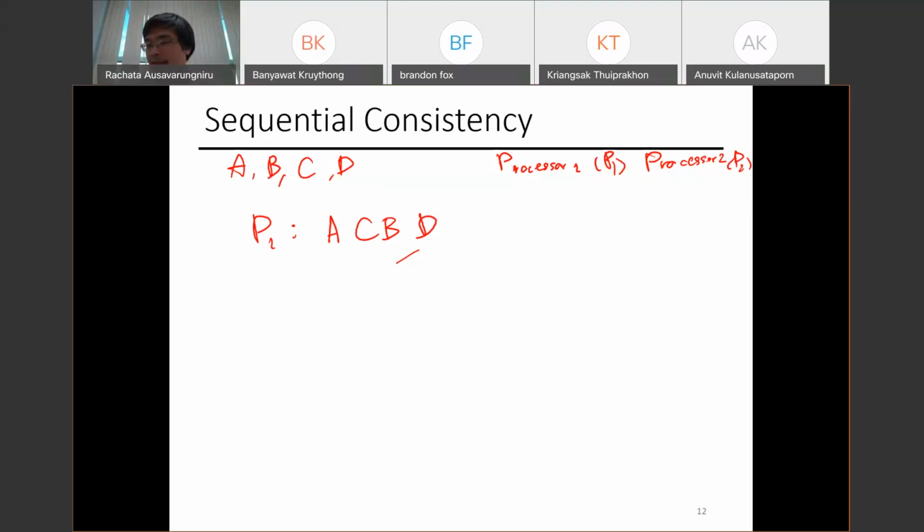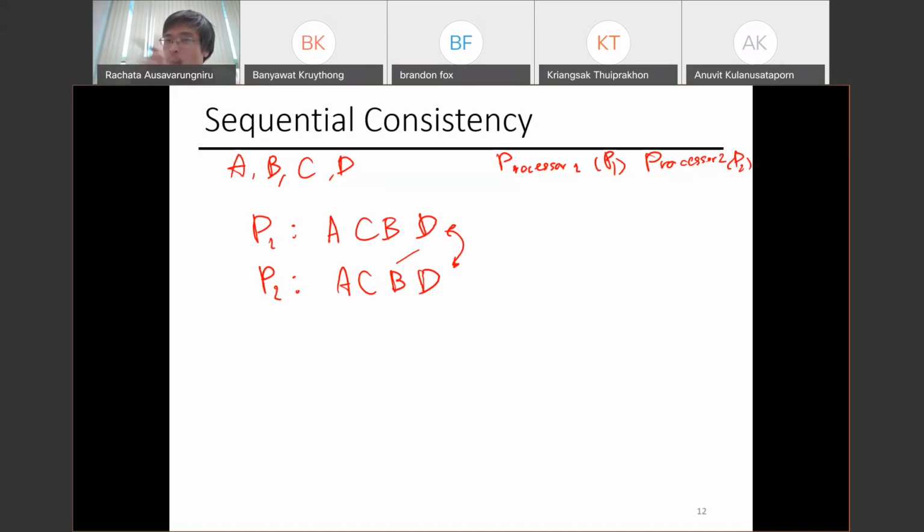The reason why this is okay is sequential consistency doesn't care about what order you see. This might be a bug in the program, right? Somehow in A, C, B, D, you forgot to lock, so C and B can swap. What is important is processor 2 will have to see the same sequence, A, C, B, and D. They have to match.